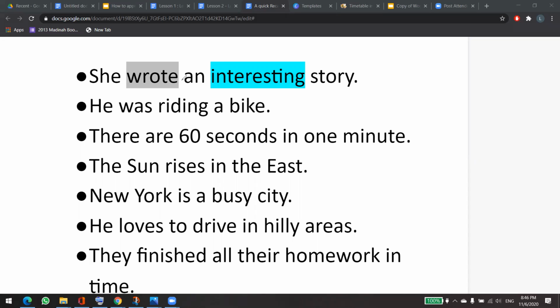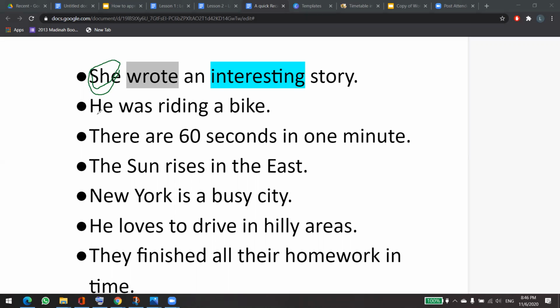If we find a doer, if we find a Rafa ism, then I'm going to color it green, okay? So over here is the action. Who is the doer? She. So she is Rafa in status.